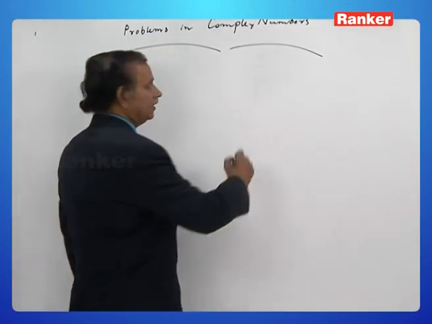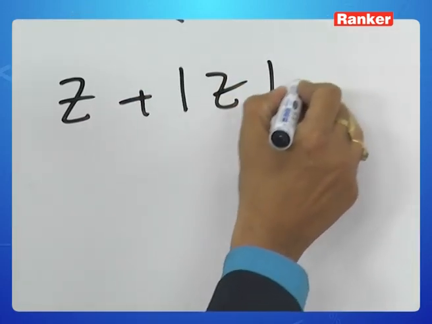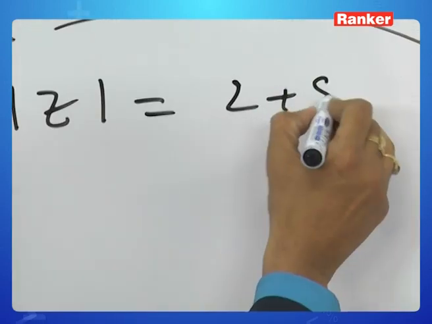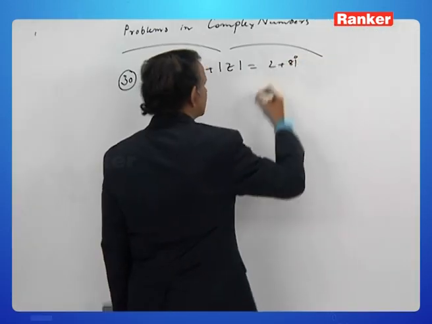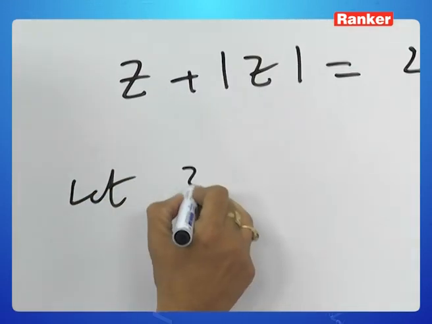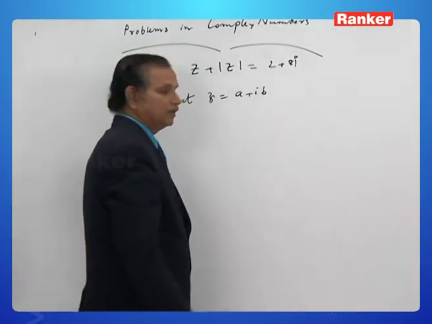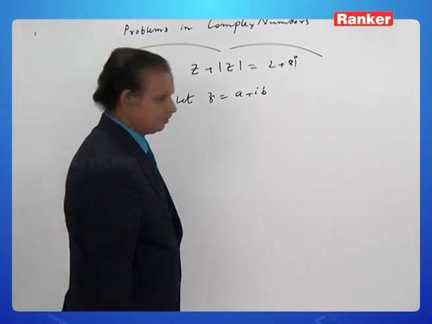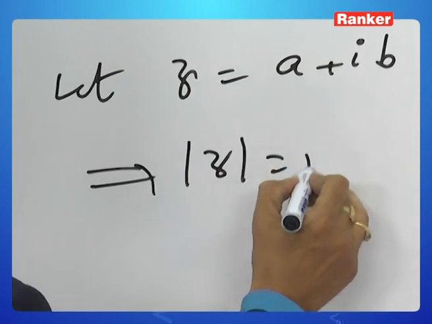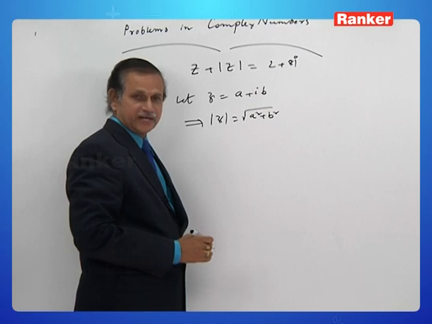What is given? z plus mod z is equal to 2 plus 8i. Now, let me take z is equal to a plus ib. Therefore, mod z is equal to root of a square plus b square. Isn't it?